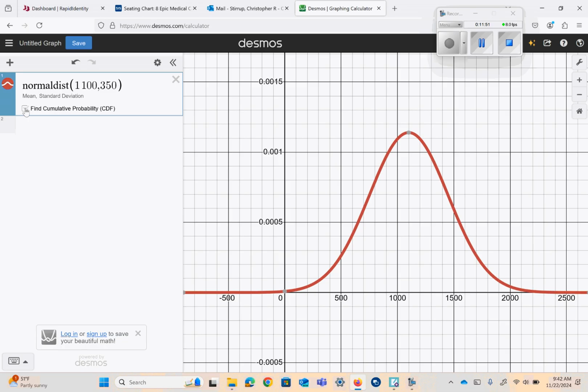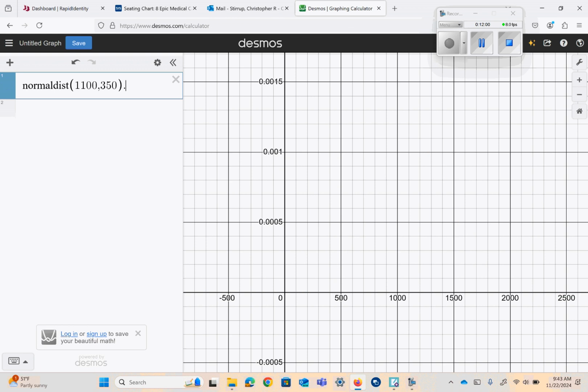So the 92nd percentile is the what? Yeah. So the 92nd percentile is the 0.92. So I'm going to go inverse CDF, 0.92.